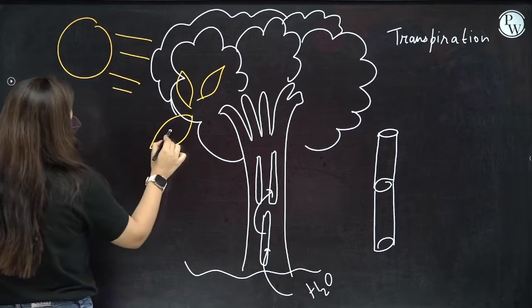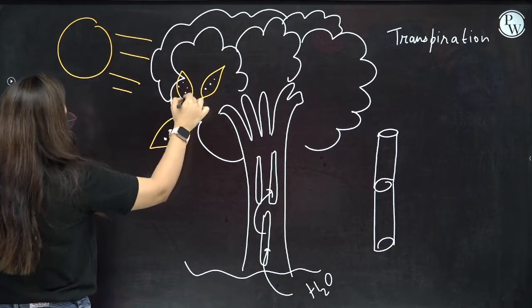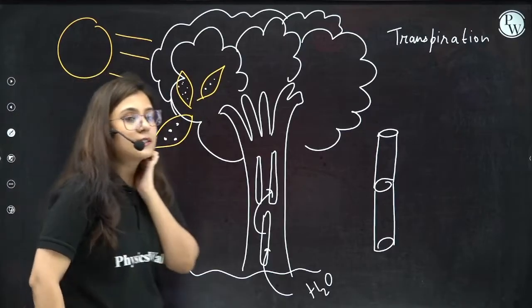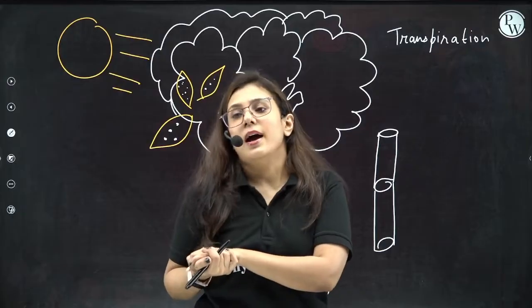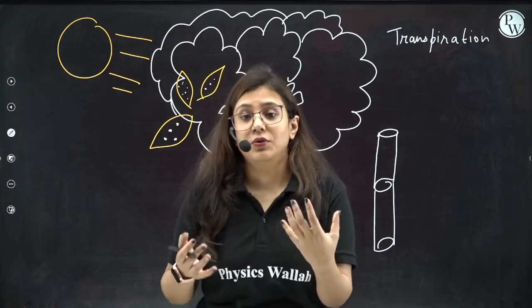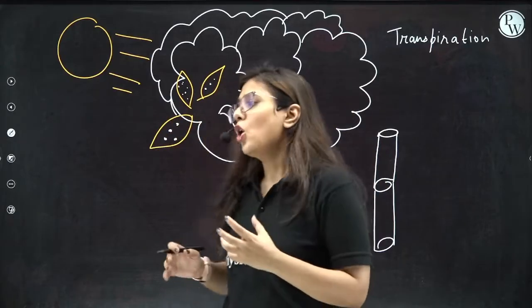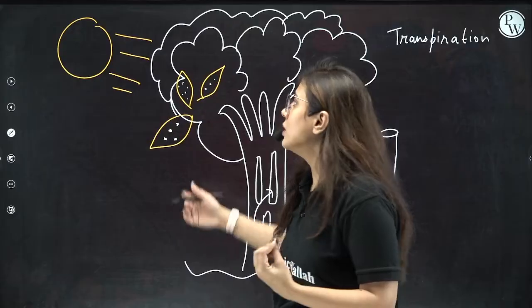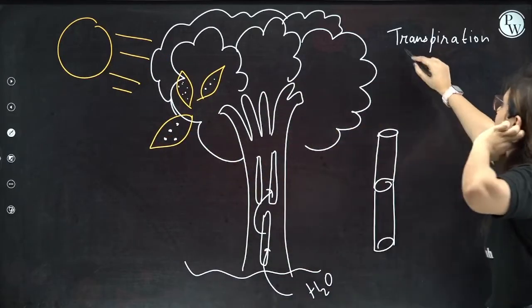They produce water droplets on their surface. It is just the extra water that is released by the leaves in the form of water vapor and some water droplets. That process of evaporation of water from the surface of the leaf, the extra water or sometimes the important water because of scorching heat gets evaporated. That process is known as transpiration.